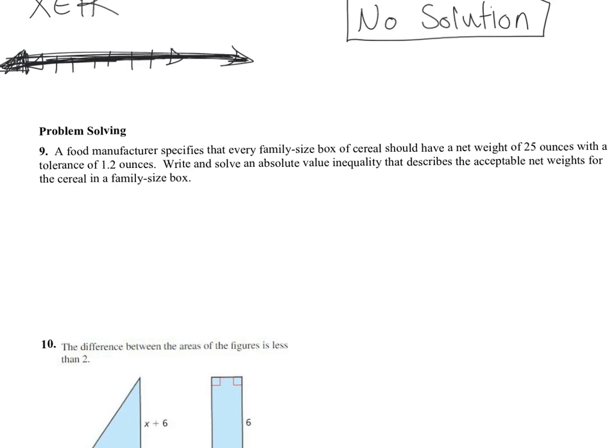So honestly, if you remember this phrase, it will definitely help you. So basically, it's going to be variable minus goal is going to be less than or equal to your tolerance.